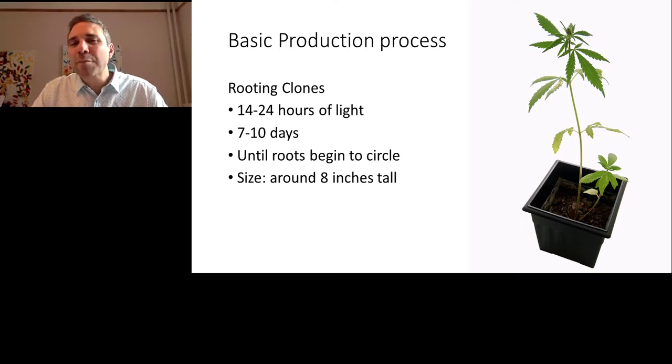So the most common way to start growing is to use clones. That gives the grower the ability to control both pests and the quality of their product. And probably the easiest and the most common way of cloning is just using cuttings.